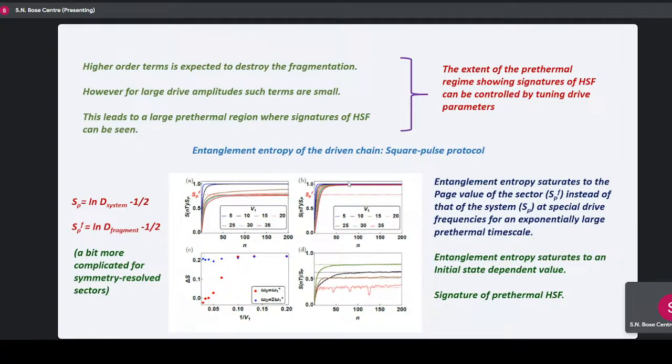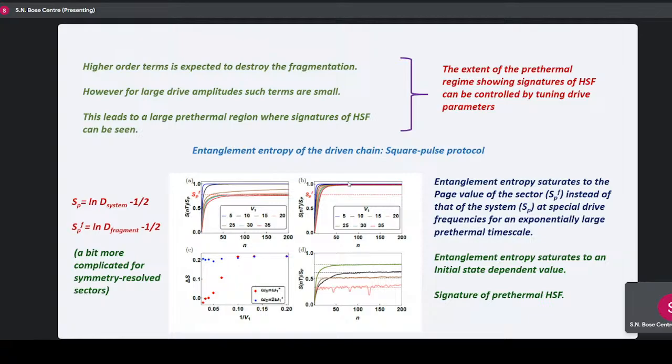But if you do the same driving in the regime where you are using the special drive frequency as your drive frequency, it turns out that as you increase this drive amplitude, your entanglement entropy doesn't really go to this Page value.